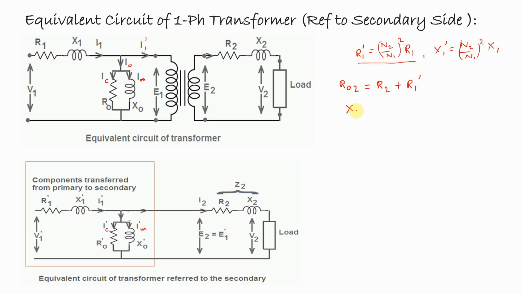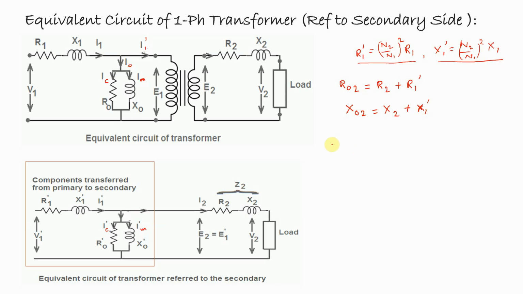Similarly, the equivalent reactance of the transformer referred to secondary can be written as X2 plus X1 dash. So it is the equivalent reactance of the transformer referred to secondary. X2 is the reactance of the secondary side. X1 dash is the reactance of the primary referred to secondary side. Here it is the value of X1 dash.